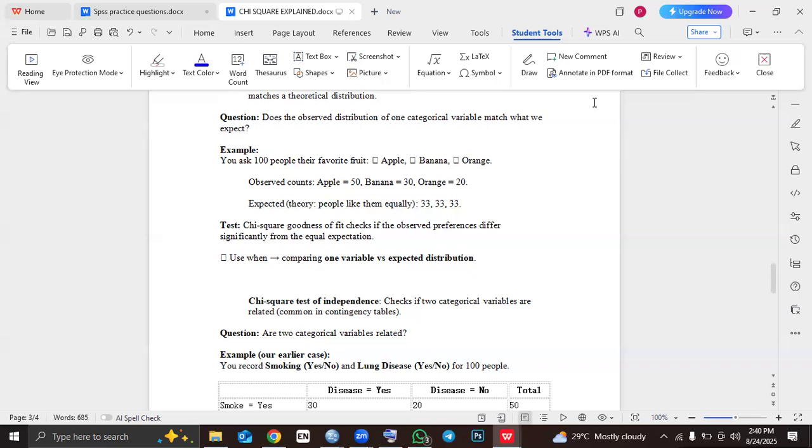So we can run a chi-square goodness of fit to see if our expectation from this example is true or not. The chi-square goodness of fit checks if the observed preferences differ significantly from the equal expectation.